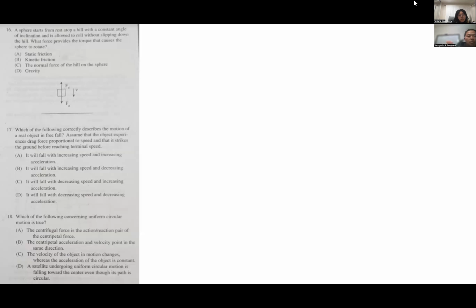You're very close, but kinetic friction is more like friction applied to a moving object. But remember that when torque is created, the force applied to the rotating system must be perpendicular to the radial vector.